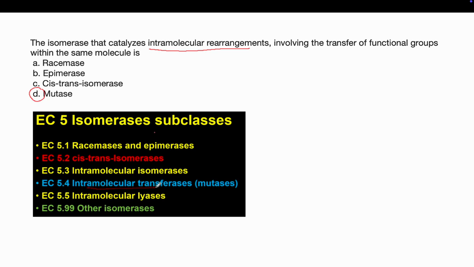They carry out intramolecular rearrangements, that is, functional groups are transferred within the same molecule.